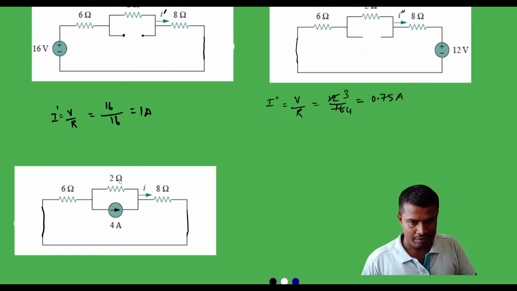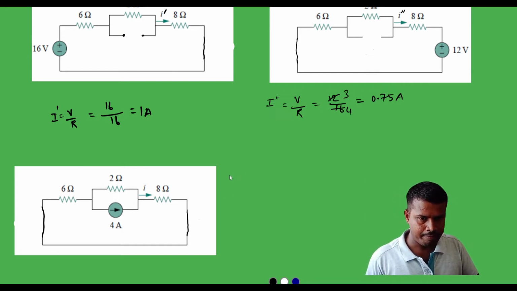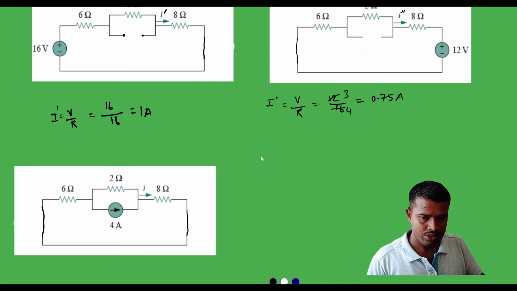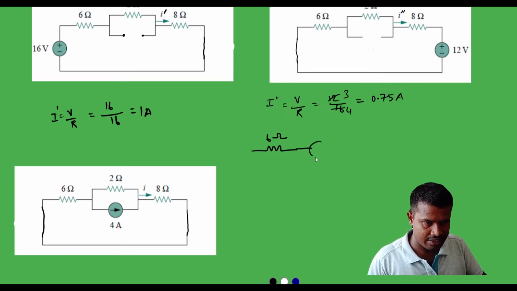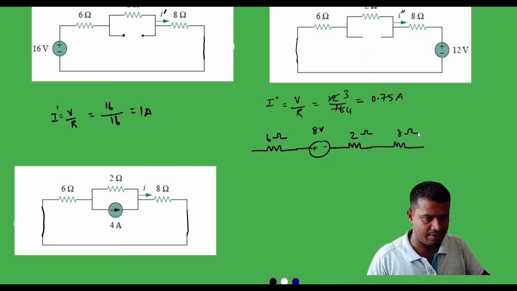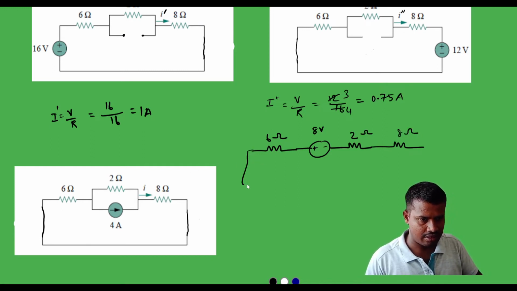Now we can replace this circuit by redrawing it. Here the voltage source is given indirectly. So how can we do that? The first 6 ohm resistor can be replaced with an 8 volt voltage source having an internal resistance of 2 ohm, and further the 8 ohm resistor is available and we can connect it.